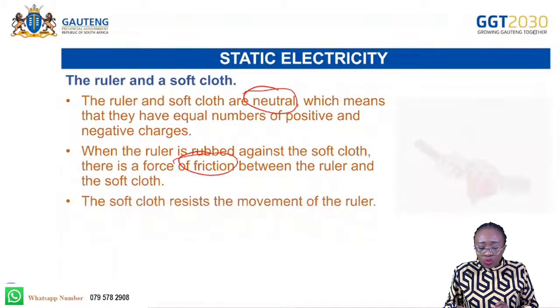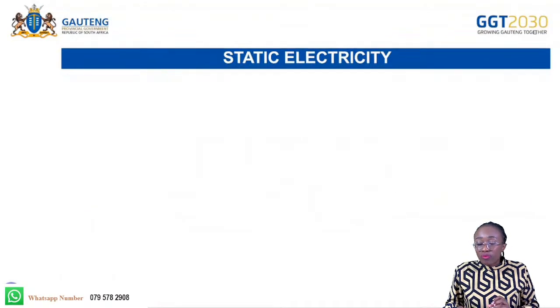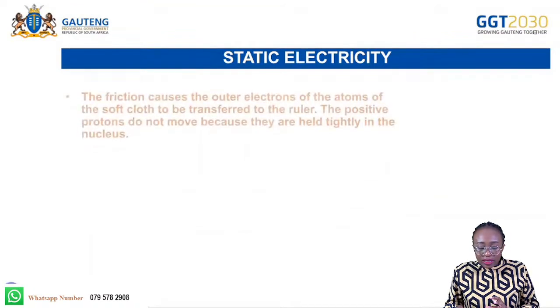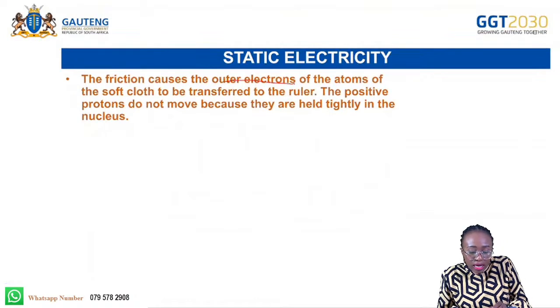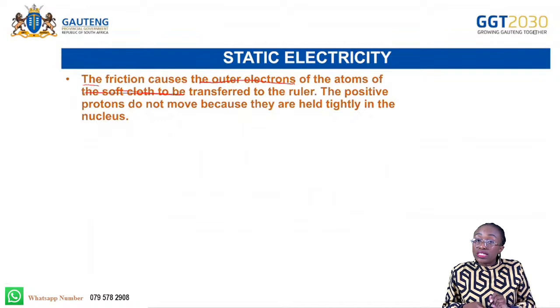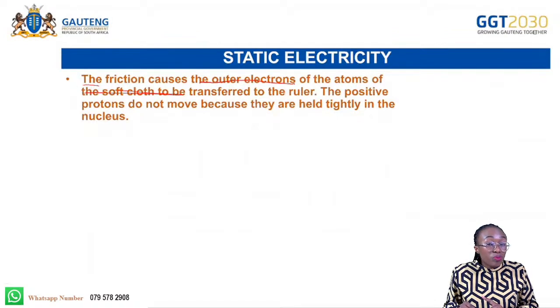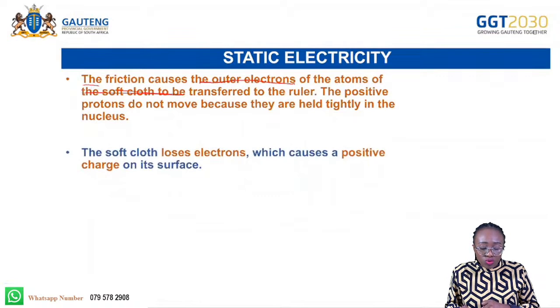Because of friction, we said friction is the force that opposes. Now the soft cloth will resist the movement of the ruler. And by resisting the movement of the ruler, it causes the outer electrons of the atoms of the soft cloth to be transferred to the ruler. And the positive protons do not move. Why? They are held tightly in the nucleus of the atom, so they're not going to move.